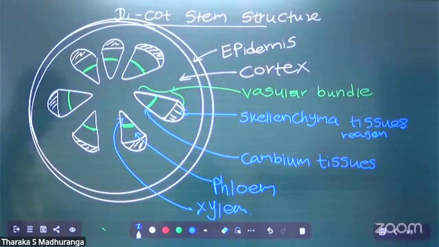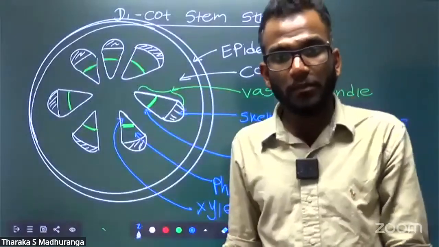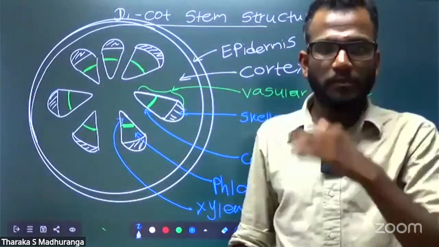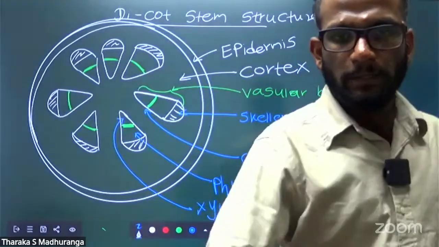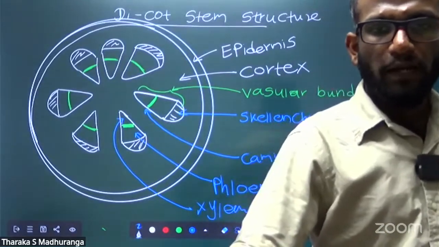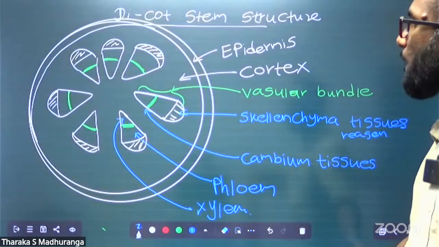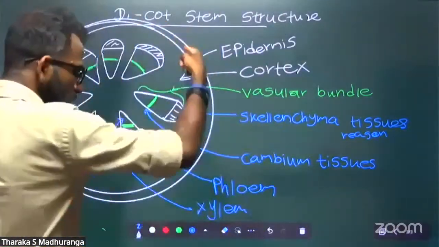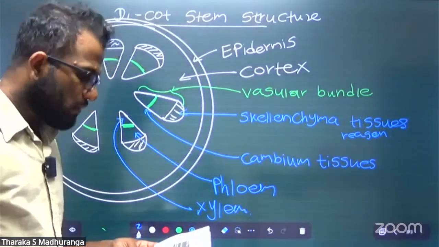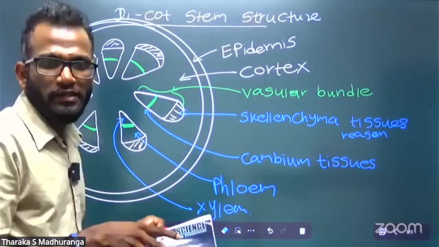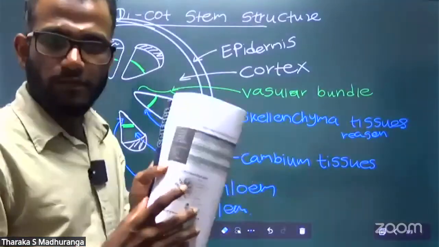Okay, that's the basic structure of this dicot plant stem. Okay, please complete this dicot plant stem. Draw it clearly. In the tute I have given a clear diagram. These vascular bundles are beautifully organized with the same distance, like this.